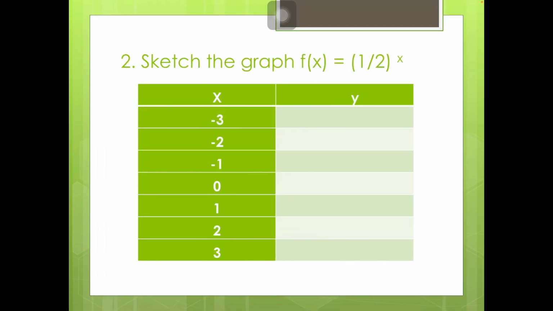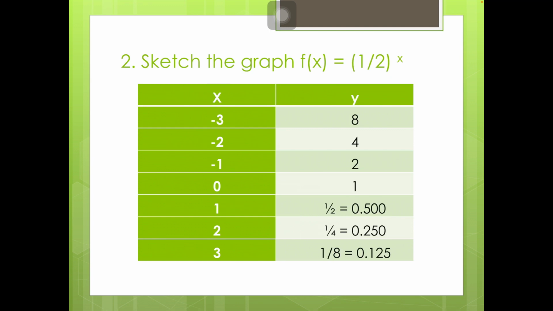For example number 2, sketch the graph of f of x is equal to 1/2 raised to x. So our value of x here is negative 3, negative 2, negative 1, 0, 1, 2, and 3. When you substitute that, our y will become this one.